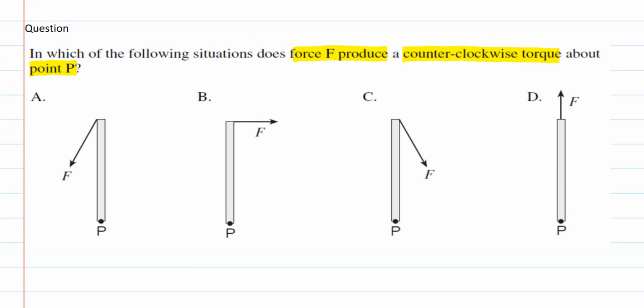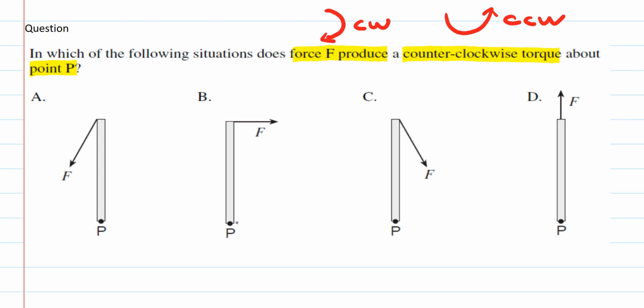When we're dealing with counterclockwise and clockwise, I want to say that this direction here is your clockwise direction, and your counterclockwise direction is going this way. So this is your counterclockwise direction. We want to look for a force that exhibits that kind of behavior.